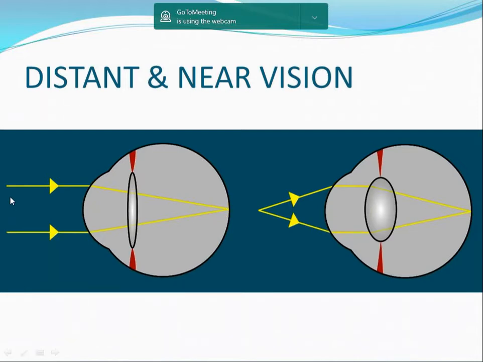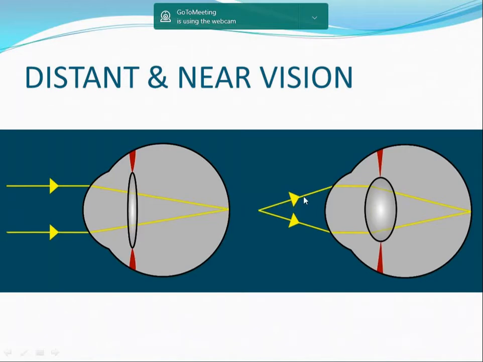Suppose you bring an object near, say it comes to 33 centimeters or 16 inches from the eye. Then what happens? The rays coming from the object are no more parallel to each other. They are divergent because the object is brought very close.